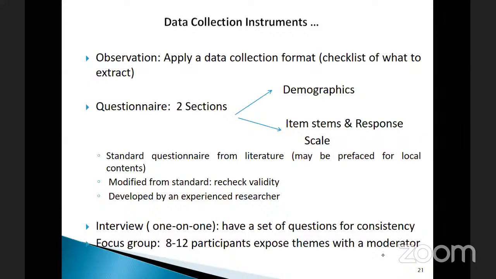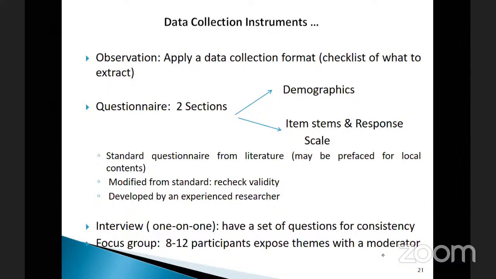Now you can get a standard questionnaire from the literature, and I say you can preface it. I was trying to explain the meaning of prefacing. If you take a questionnaire that was developed for use in the US or UK, there are some terms that they use which we don't use here.